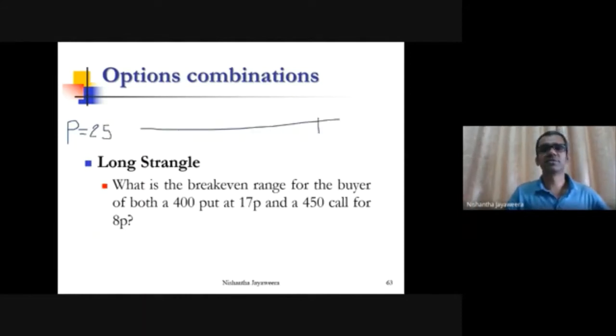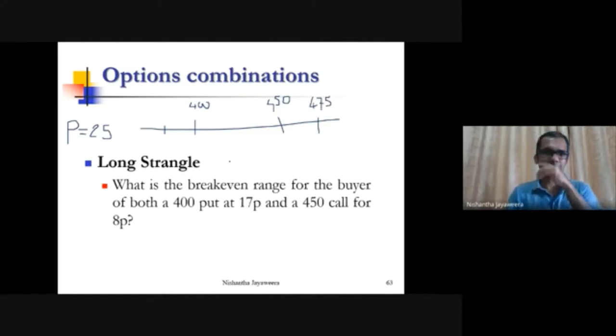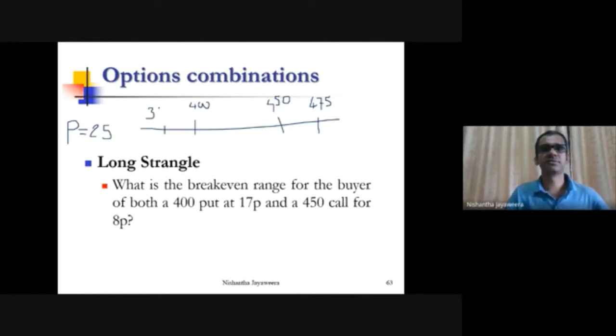Then the break-even points would be 400 here, 450 here. 450 plus 25, 475. 400 minus 25, 375.